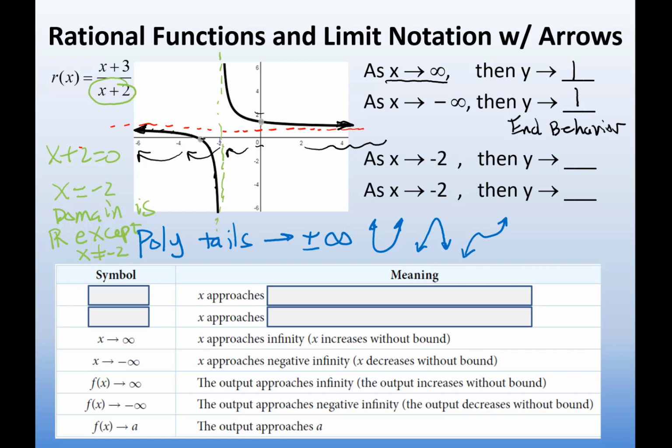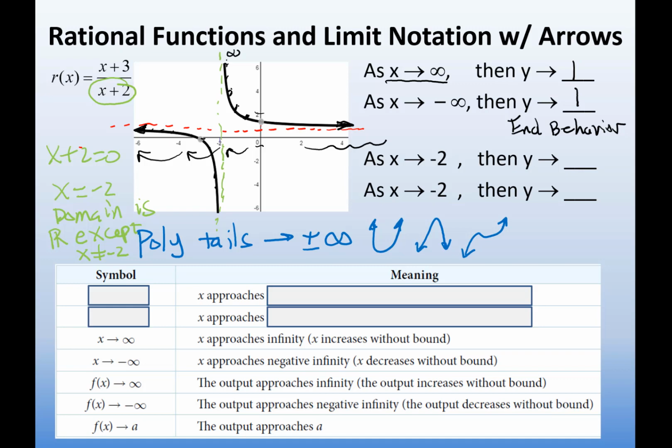And then what is the graph doing? Well, the x's are approaching that -2 value, and as the x's approach -2, the y's are going higher and higher and higher. So these y's are heading up to infinity.